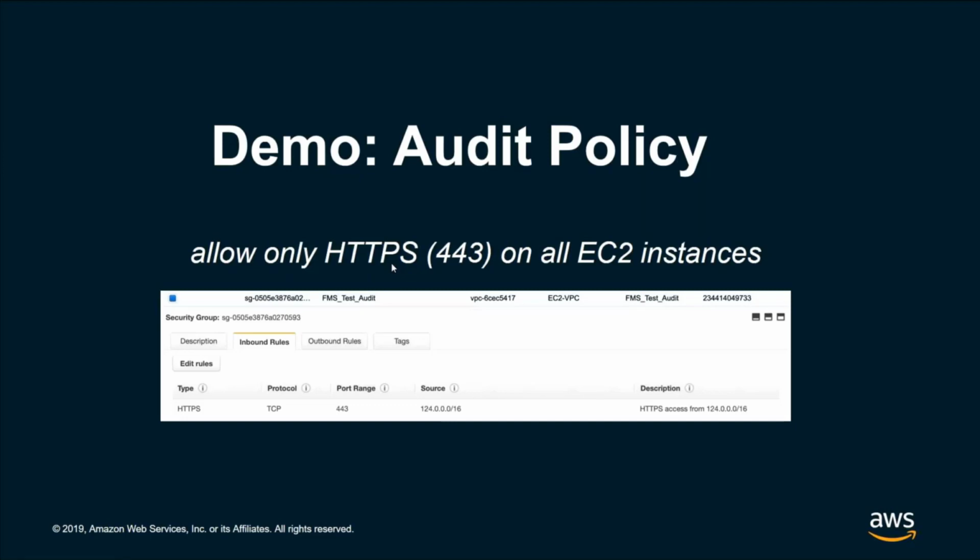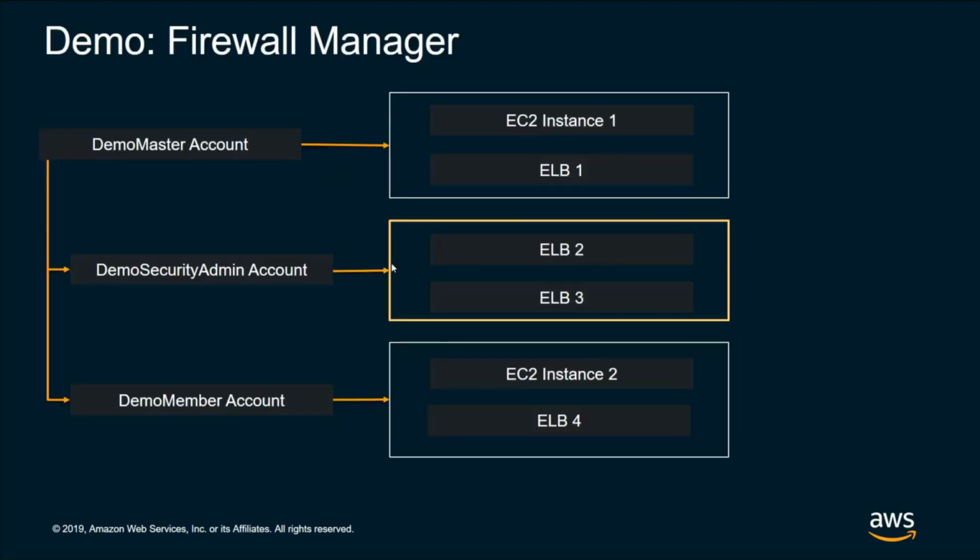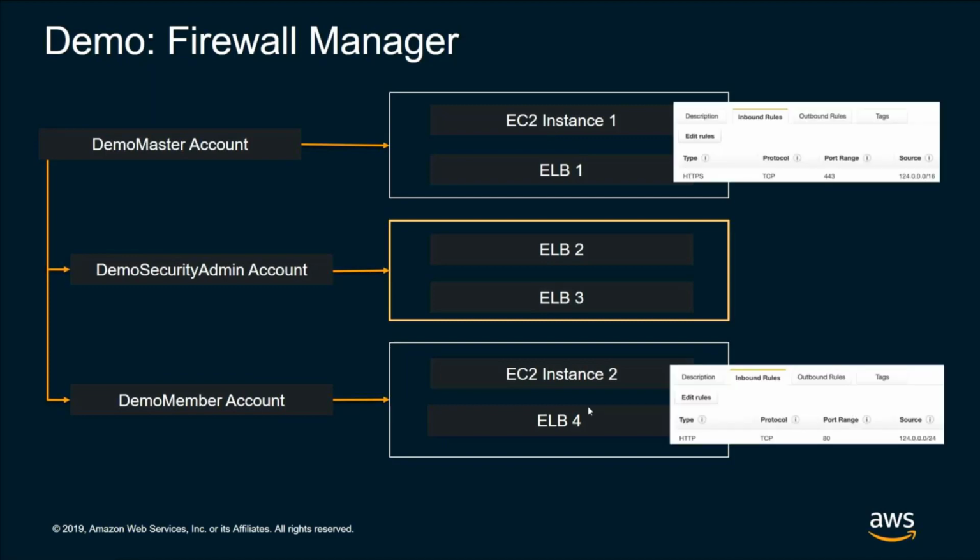Going back to my organization structure, I have this administrator account, and in my other two accounts, EC2 instance 1 and EC2 instance 2, I have a couple of security groups already pre-created so that it's easier for this demo. One of them has port 443 open as an inbound rule, and another has port 80 as an inbound rule.